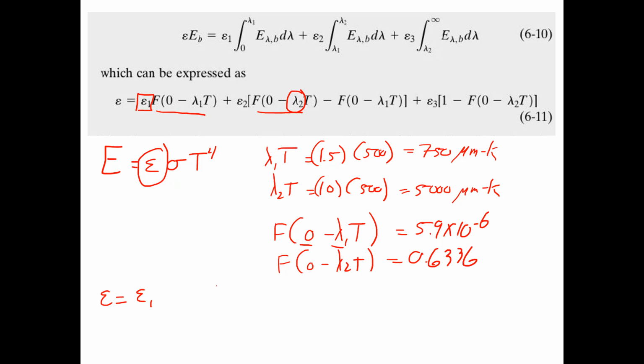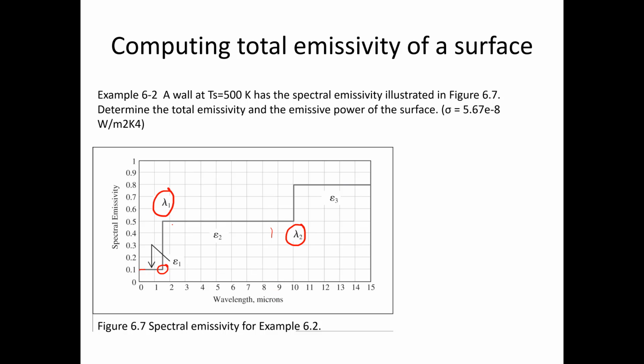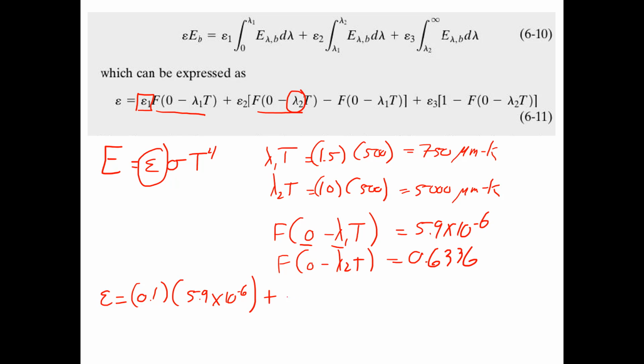So that would be 0.1 times that fraction of thermal energy, which is 5.9 times 10 to the minus 6, plus the second range of emissivity is at a value of 0.5. So I'm going to go ahead and put 0.5 times the fraction from 0 to lambda 2.